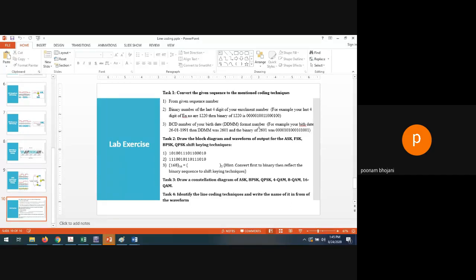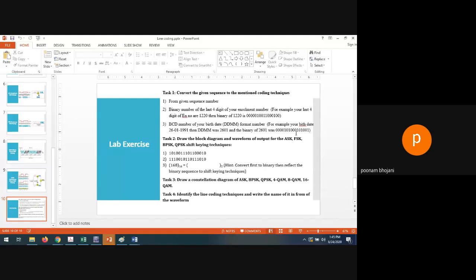Convert it into binary, and that will be your sequence. So in the first the sequence is given, in the second the sequence is the last 4 digits of your enrollment number in binary, and here the sequence is the birth date in binary.